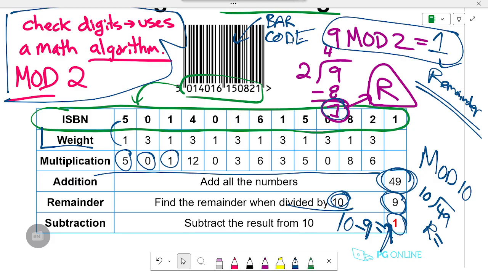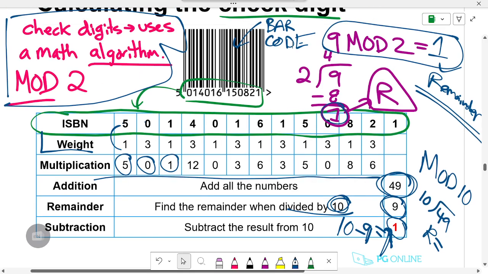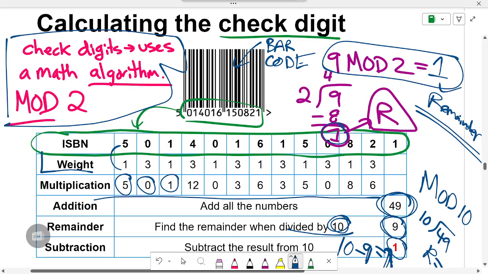You just need to write the red. You don't need to copy this. Check digits uses a math algorithm like a modulus to determine the final answer. Okay? And we're going to do some practice, and it's used for barcodes. Barcode is a word you need to know. Okay? It's used for barcodes to determine if the data has changed or if there's an error.